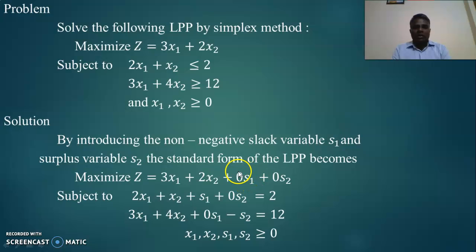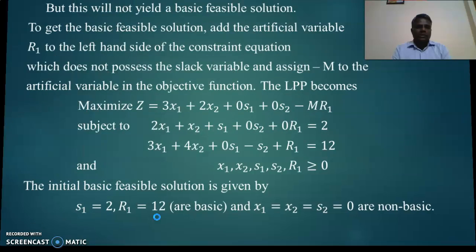These are shadow costs. The slack and surplus variables appear in the objective function with zero costs. Subject to 2x1 plus x2 plus S1 plus 0S2 equal to 2, 3x1 plus 4x2 plus 0S1 minus S2 equal to 12, and x1, x2, S1, S2 greater than or equal to 0.